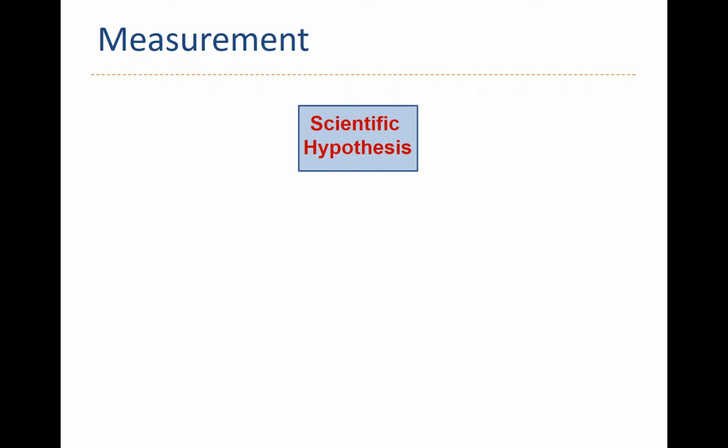Before you dive into the nitty-gritty of the questions and how you're going to store them, take a step back and think about, at the end of the day, what do I need to know? What do I need to be able to report in my paper? What do I need to be able to put in a report? Or if I'm asked by the head of infectious disease for the county or the state, what are they going to want to know? And how can I deliver that information as efficiently as possible?